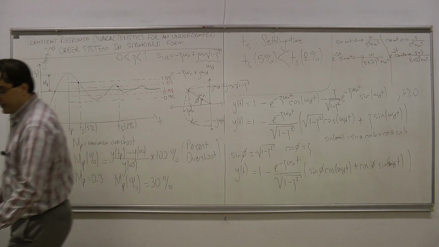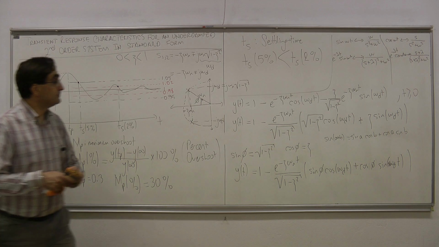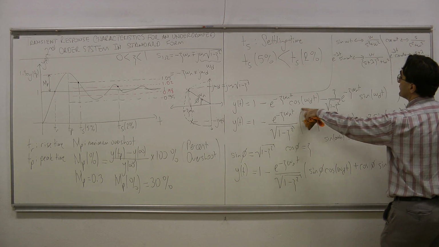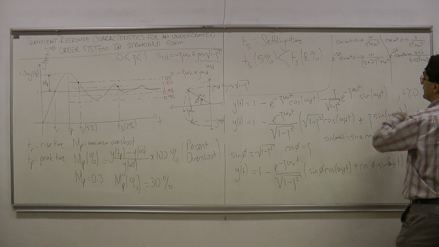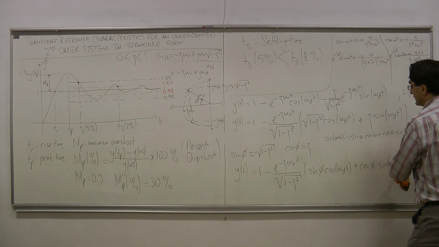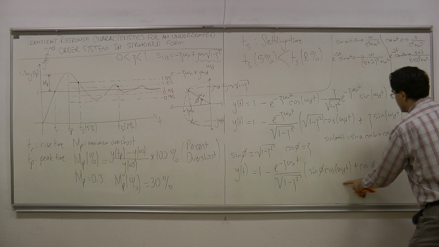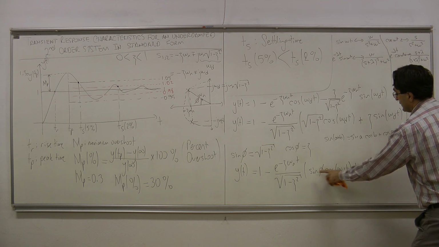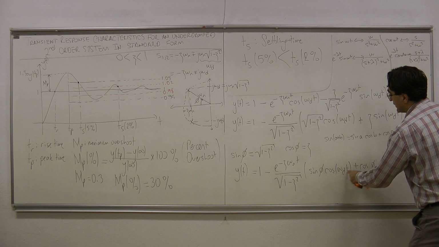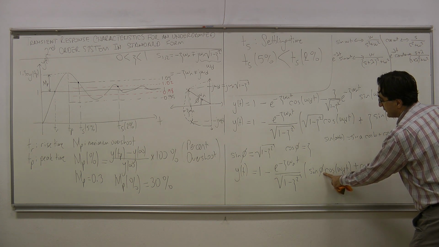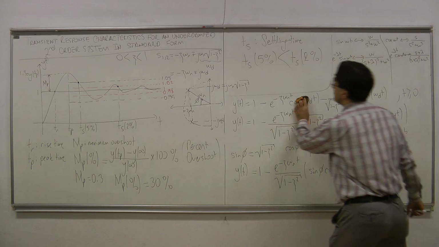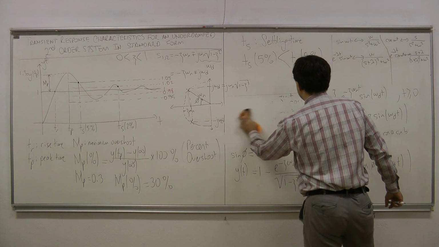So remember, I had just a summation of a cosine and a sine term, and I was able to write that summation using only a single sine function. In addition to omega d t, I had to add a phase, the angle phi, to it.